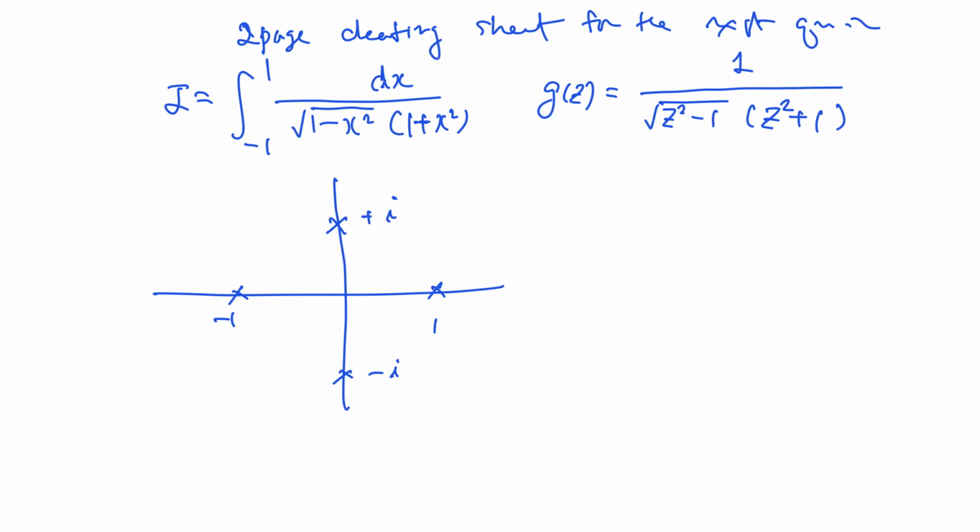But the singularity at 1 and minus 1 is a bit difficult to handle, so we are going to try to avoid it as much as possible. So instead, we are putting the branch cut and put the contour like this.